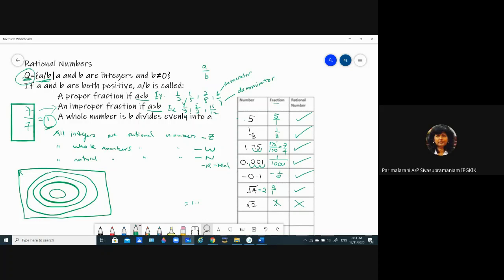So what do you think is the smallest set here? What does it represent? Okay, let me tell you. The outside here is Q, rational numbers. Next to it will be, is it whole numbers or is it integers? Which one is a subset of which? Is whole numbers a subset of integers or is integers a subset of whole numbers?